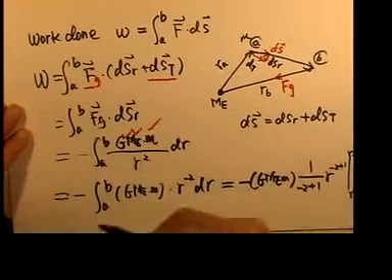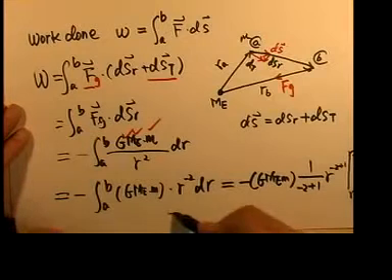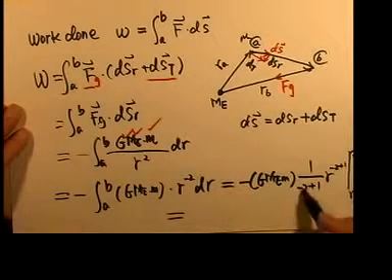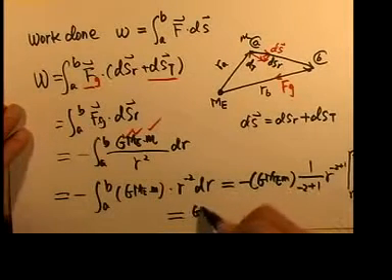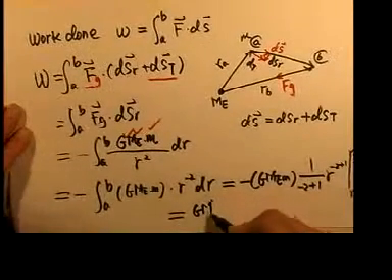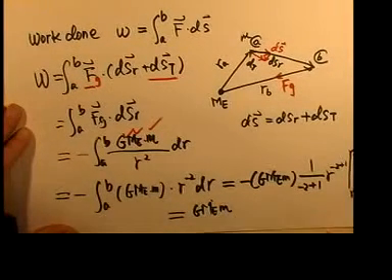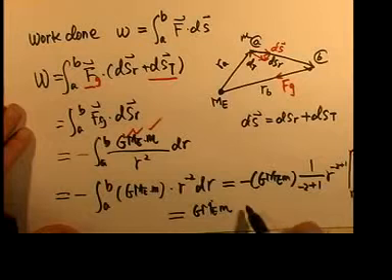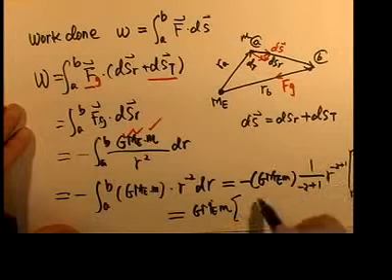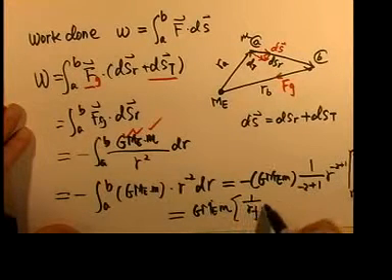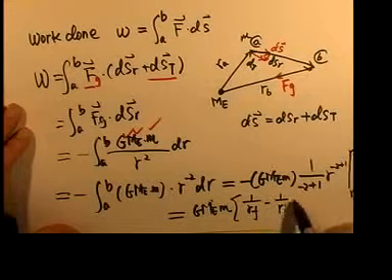If we look at this result, this negative and that negative cancel. We have G m_E m times 1 over r final minus 1 over r initial.